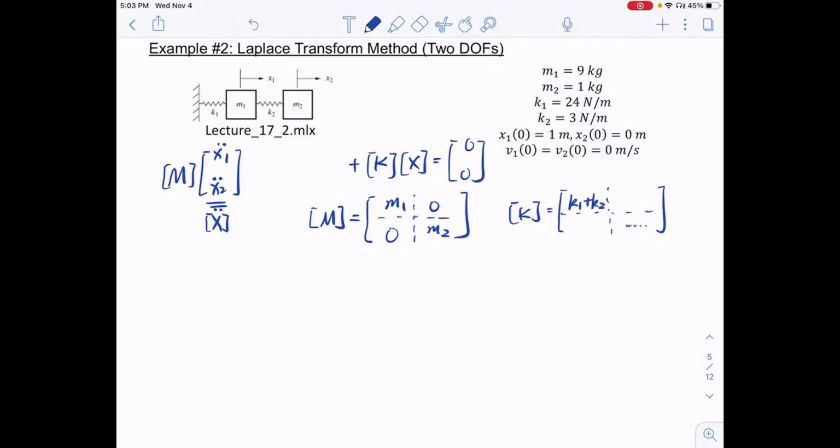This term means you need to find all the springs connected to x2. So it's only K2. And these off-diagonal terms describe the coupling. So you need to find out what springs are between the two coordinates. It's only K2. But also remember, the off-diagonal terms should be negative. So you have to put a minus sign in front. So that's how you find M and K really easily.